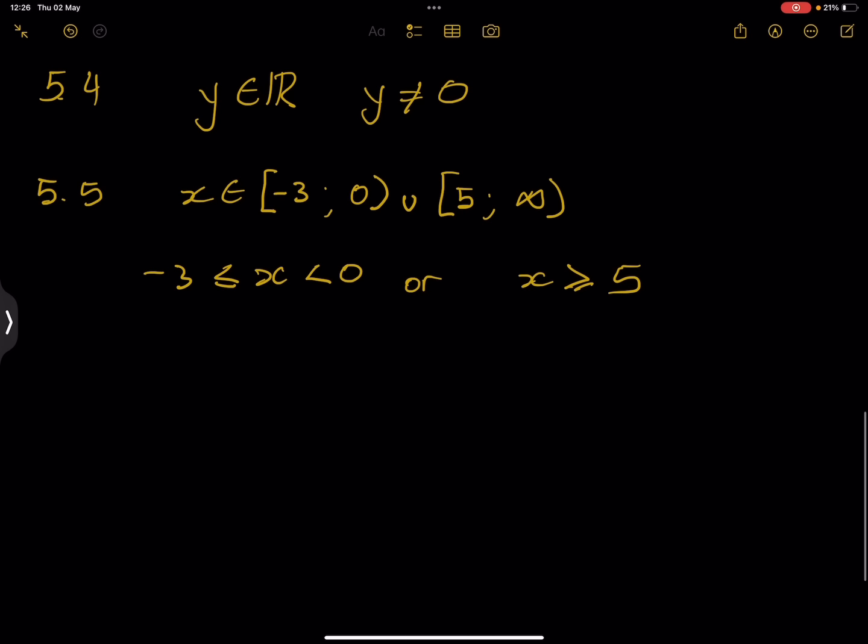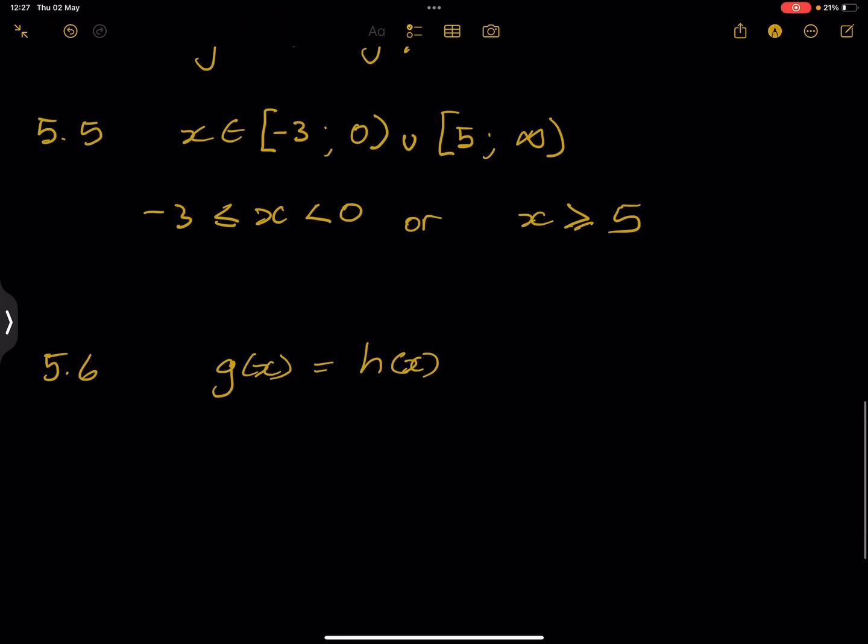And what is our g of x? That's 8 over x, and our h of x is minus 2x plus k.